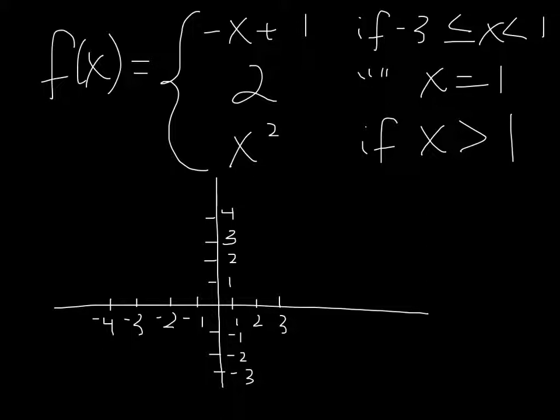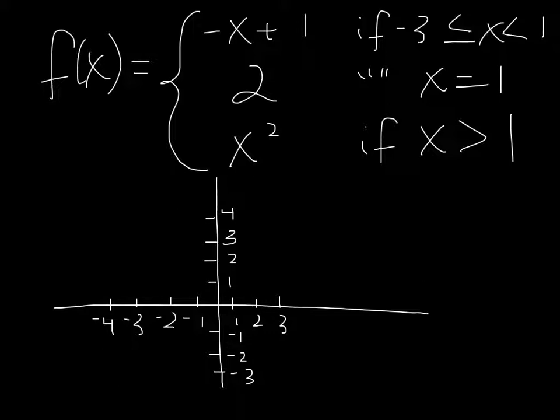If x is between the interval -3 and 1, and it's -3 is less than or equal to x, which is less than 1. So we know that since it's less than or equal to at -3, it must be a closed point. So we plug -3 into the formula.